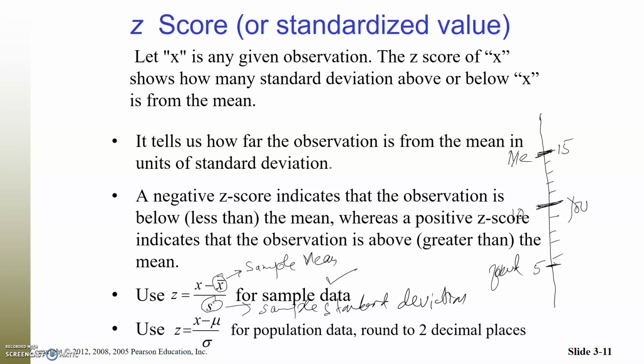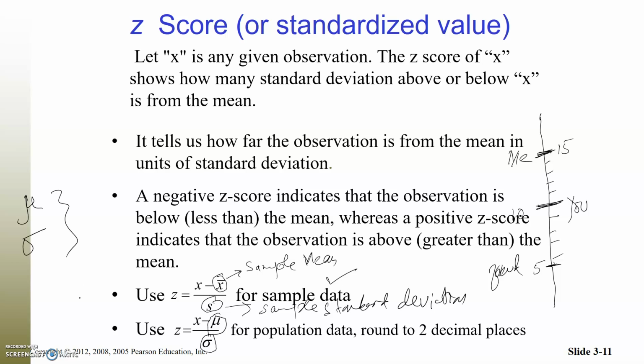And if you are dealing with population data, then you use the formula z equals x minus mu divided by sigma. This is mu, called the population mean, and this is sigma, called the population standard deviation. Remember these two Greek symbols: mu is the population mean and sigma is the population standard deviation.